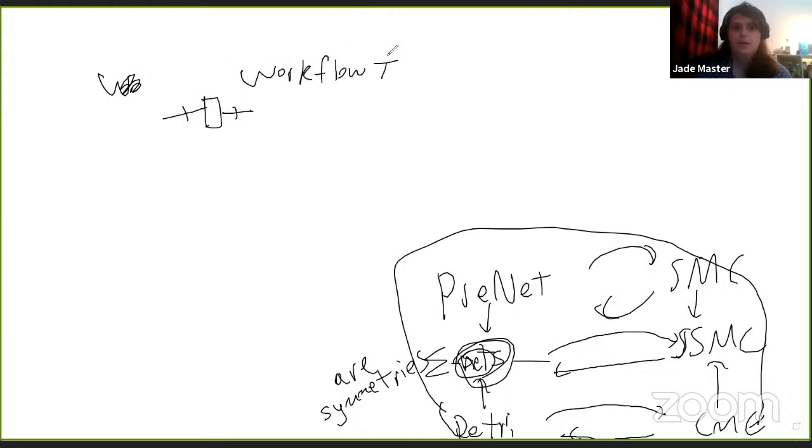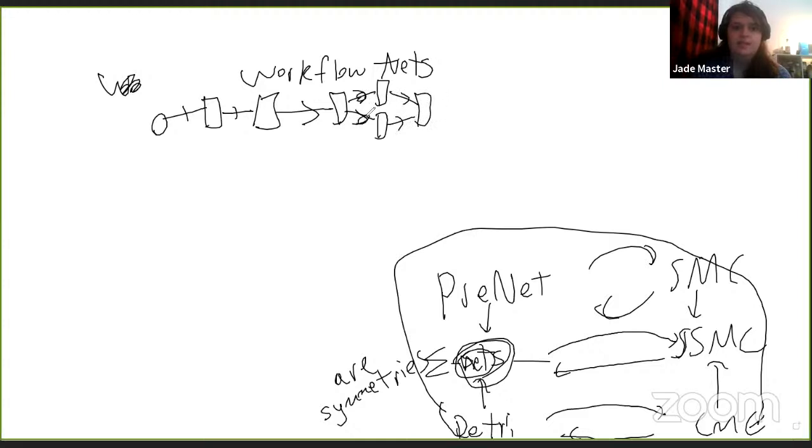Those are nets where you can have branchings, but really they only go one way. They never, oops, there should be places. Pretend there's places.